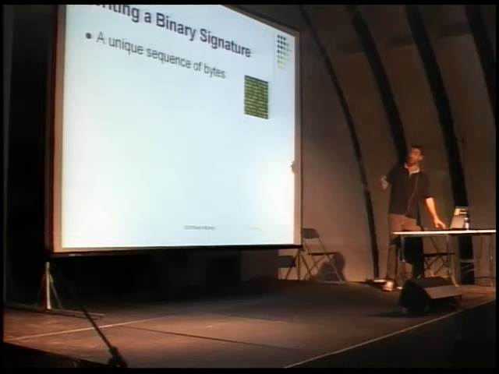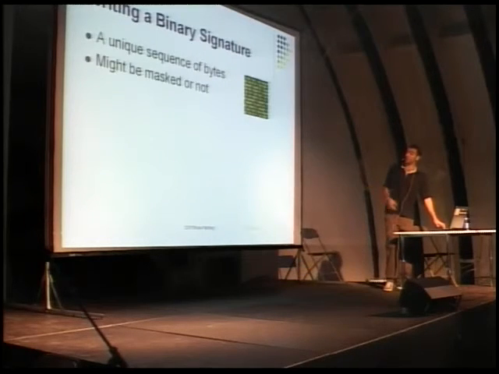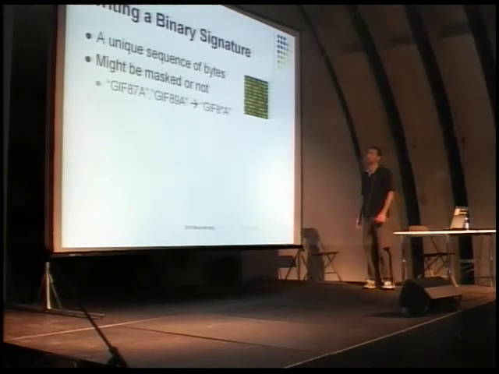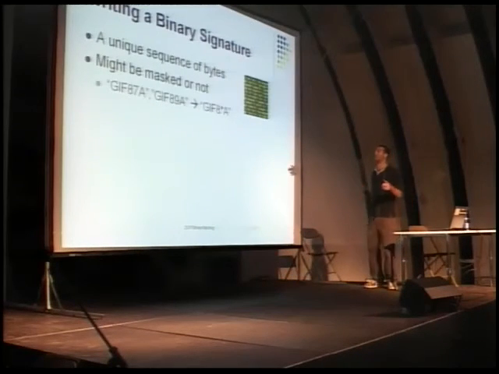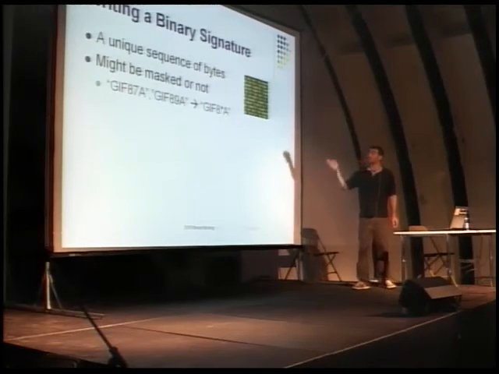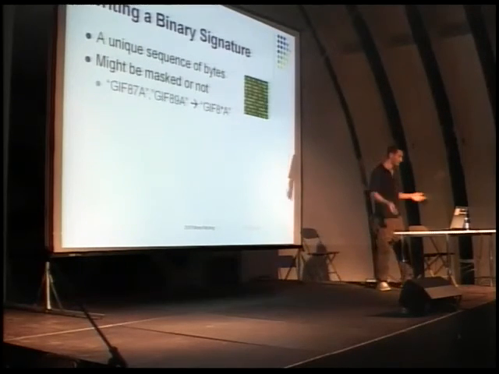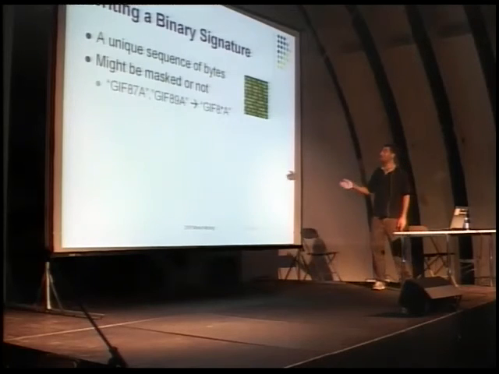It can be short, long, it doesn't really matter, but the point I'm trying to make is that we use a mask like wildcards. If we have GIF87a or GIF89a, then it becomes GIF8 asterisk wildcard, whatever comes in, and a.